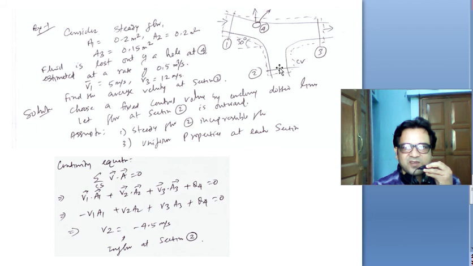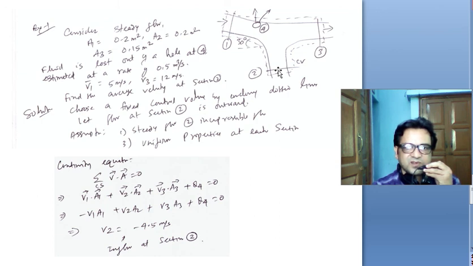At the bottom also there is an opening, but we don't know whether the flow is leaving or entering at section 2, and there is a hole at 4 where fluid is lost out of the hole. The velocities V1 and V3 are given, and A1, A2 and A3 are given. We have to find the average velocity at section 2.